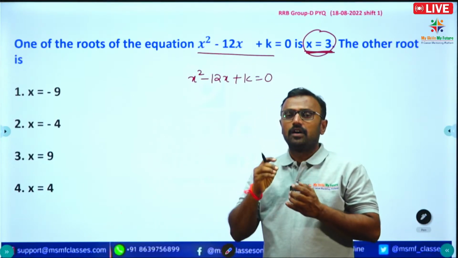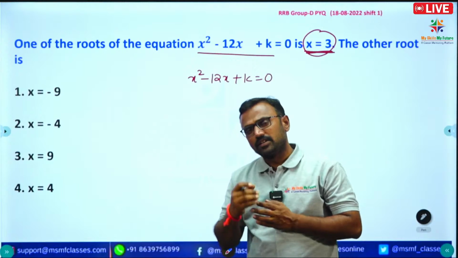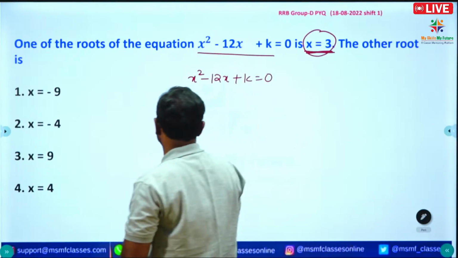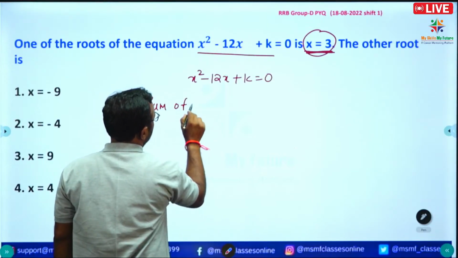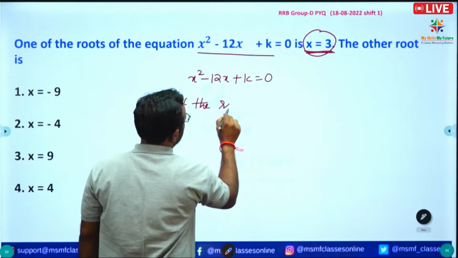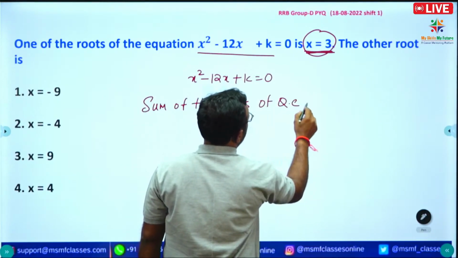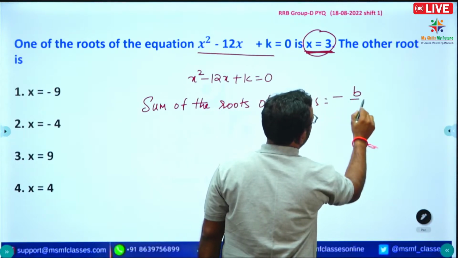One is the sum of the roots of the quadratic equation, and the other is the product of the roots. The sum of the roots of a quadratic equation is nothing but minus b by a.